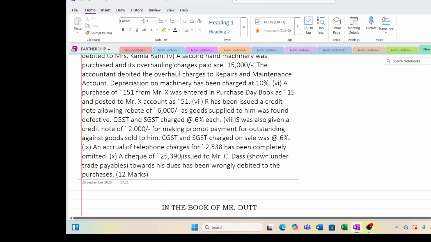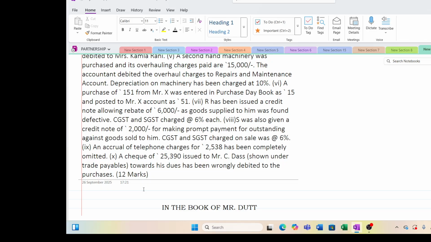Now coming to the last one: a cheque of 25,390 issued to Mr. Das, shown under trade payable. He is a creditor. Cheque is issued to a creditor but wrongly debited to purchases account. It is also a rectification of something wrongly done. Purchases account was debited.